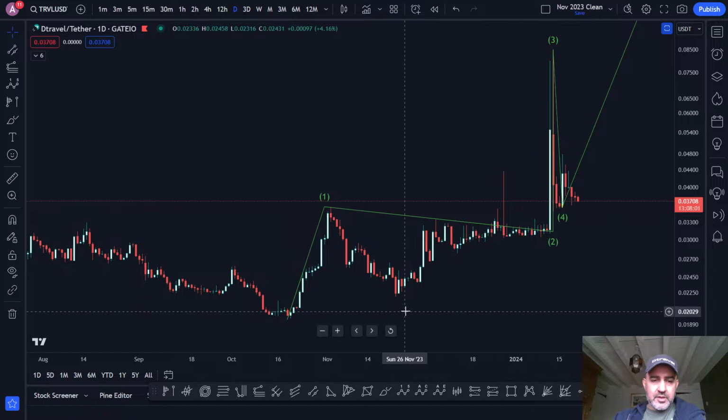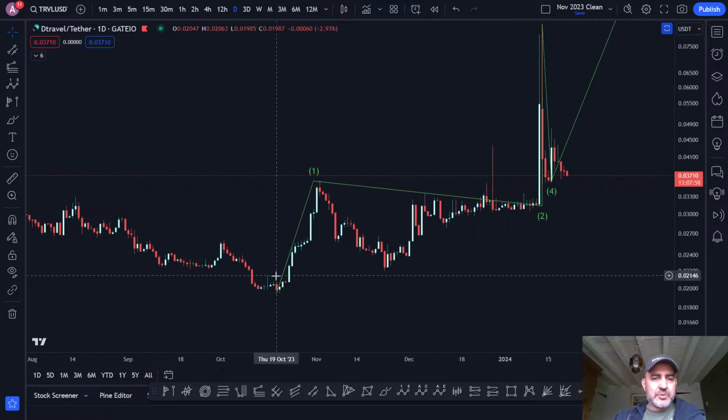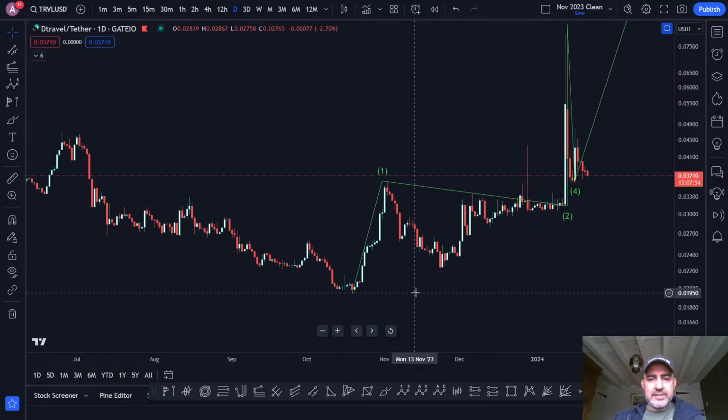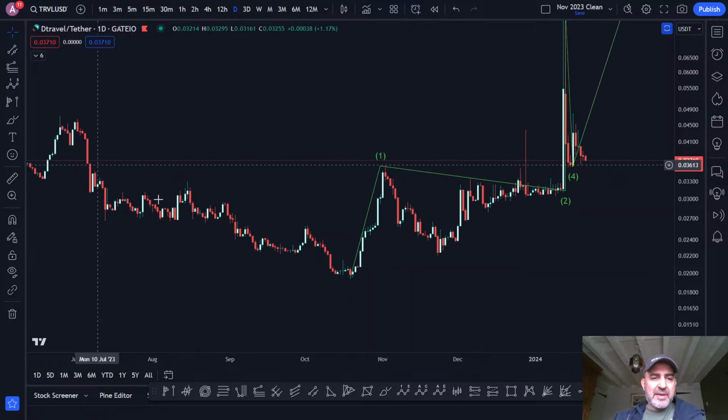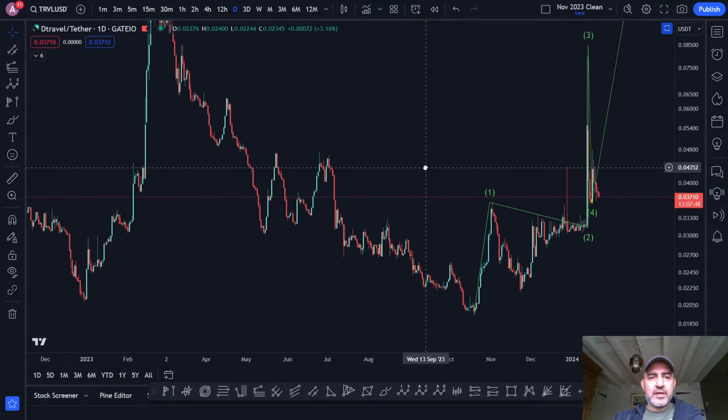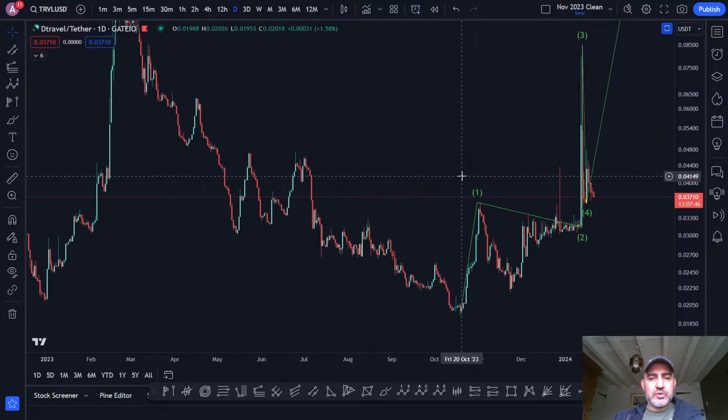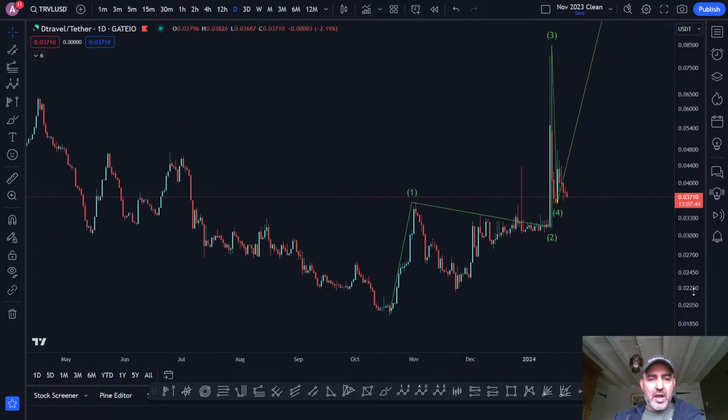Now, I didn't initially think that this first bit here was a wave one, and naturally I've been longing everything. I've been accumulating throughout the whole course of the last 2 years. I've been picking up TRVL at every low.